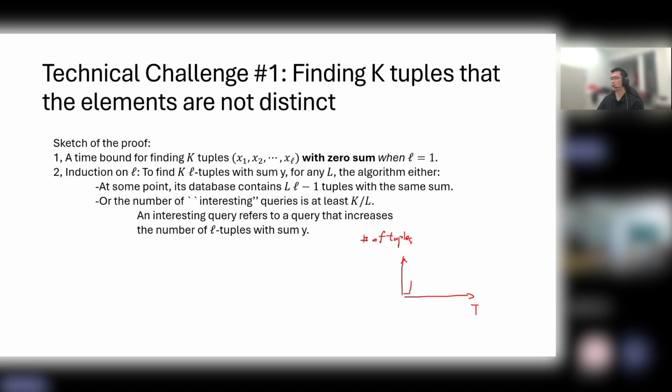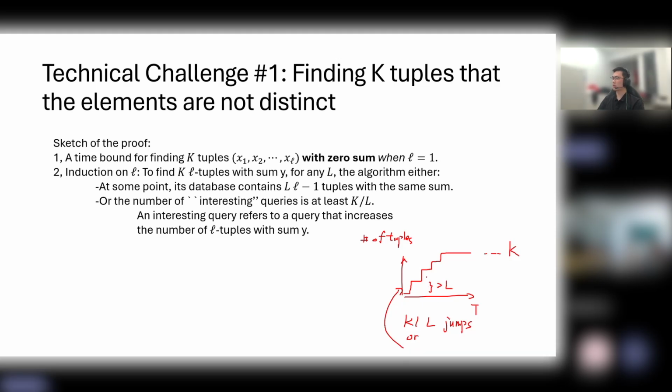It increases like this. If this is k, then either you have k divided by L jumps, or you have one interesting jump. Let's say here, this is larger than L.